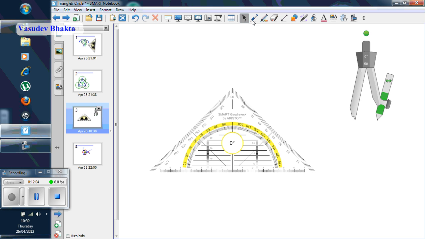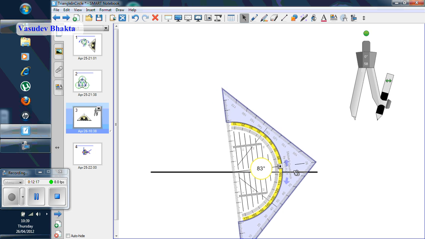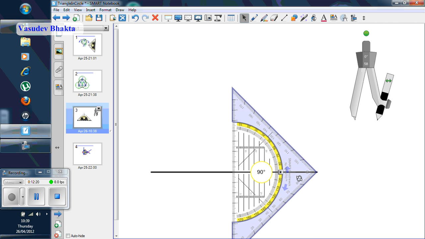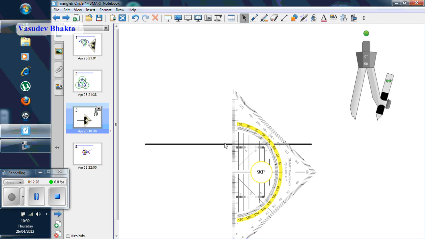I'm going to draw certain lines, straight horizontal line bottom, and rotate my set square such that the line is parallel to the bottom line that I've drawn. Just let's put that back where it was.